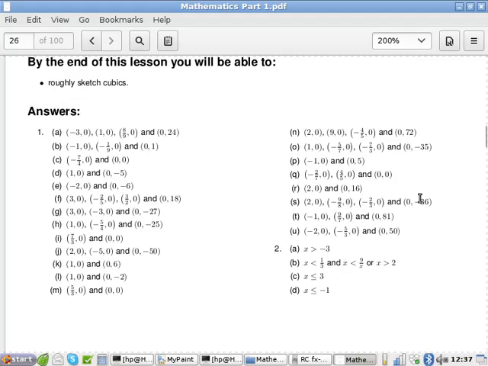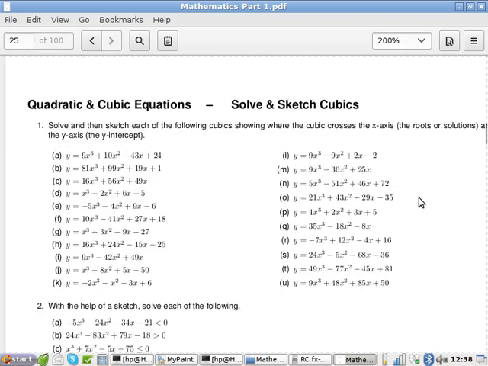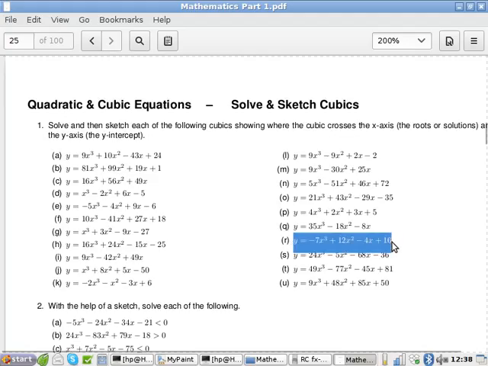Something tricky. I find these ones to be trickier to draw. See how you can do with this one here.